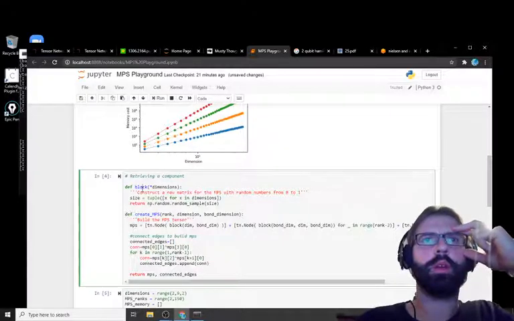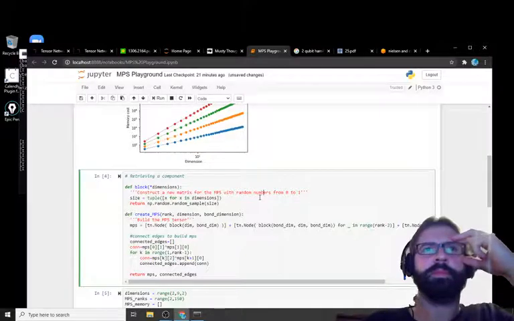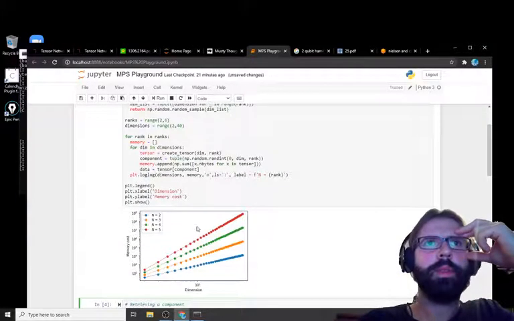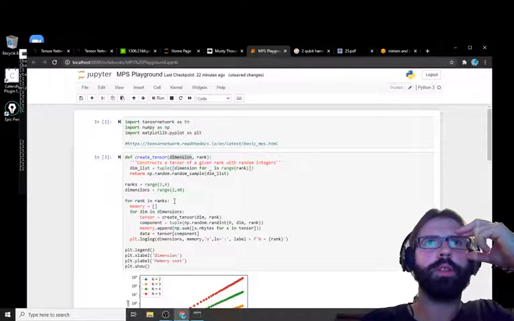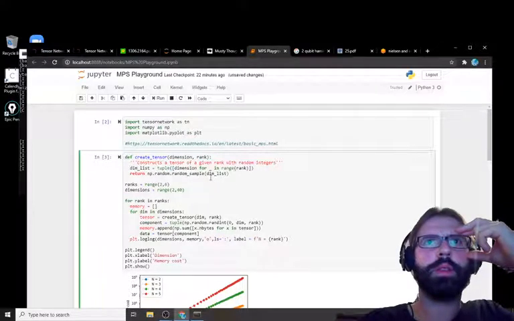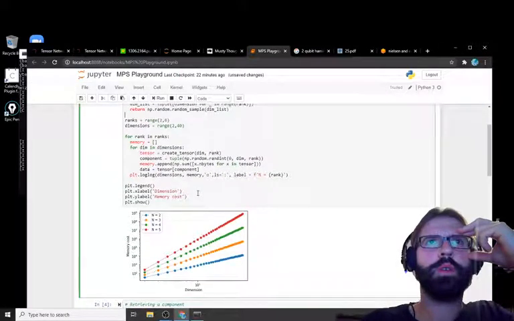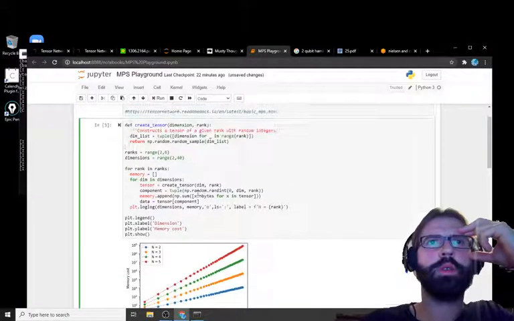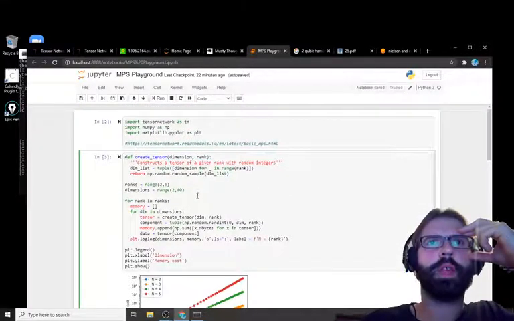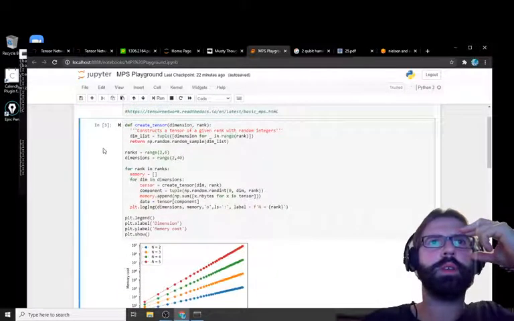Create a block. Construct a new matrix for the MPS with random numbers from 0 to 1. I know that just creates a tensor with random integers. What is dimension 4 though? Okay, I think we don't need these. But what is dimension used for here?